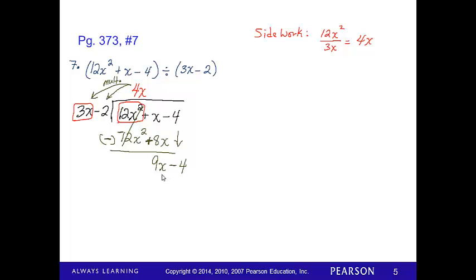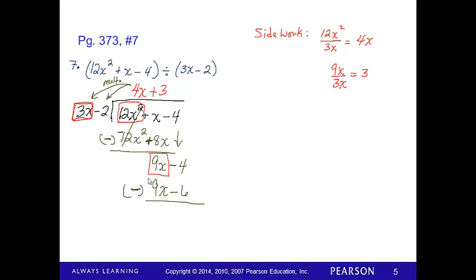Now you're going to repeat the process. You have 9x divided by 3x, still the first terms, and that is just 3. So that's plus 3. And again, you multiply. 3 times 3x is 9x. 3 times negative 2 is negative 6.